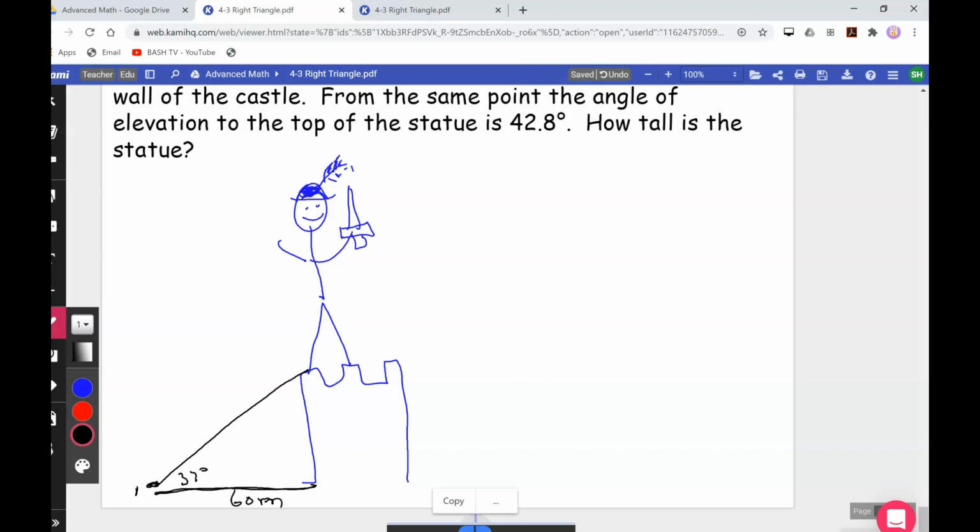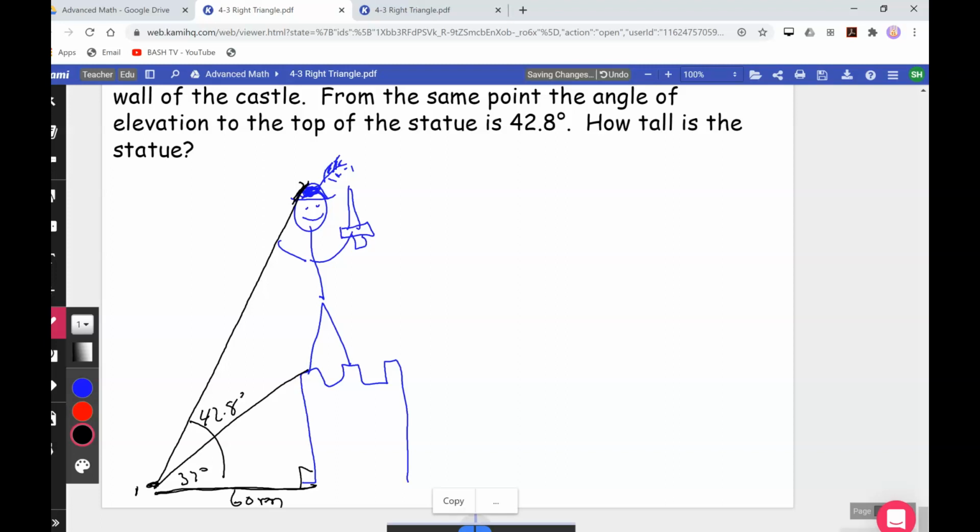Now, this is a right triangle, and the other angle is here, this one to here, and this one is 42.8.